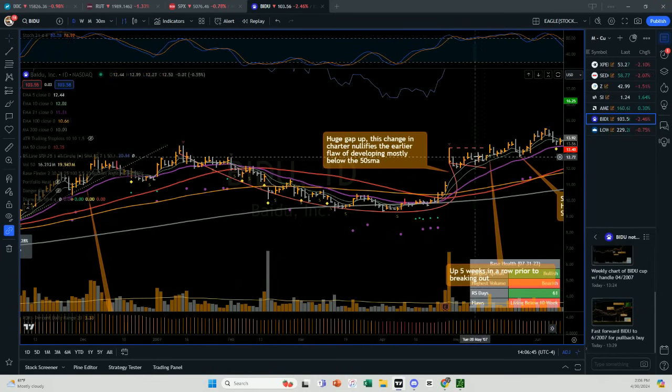This one, it formed a handle, and it started to break out about 2 weeks later. Right, so the gap up was on April 27th. The initial breakout above the high of the gap, and also the breakout from the handle, triggered over here on May 14th.